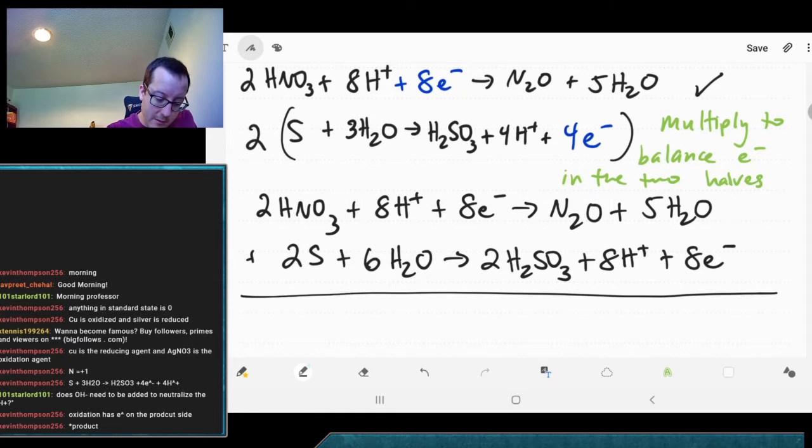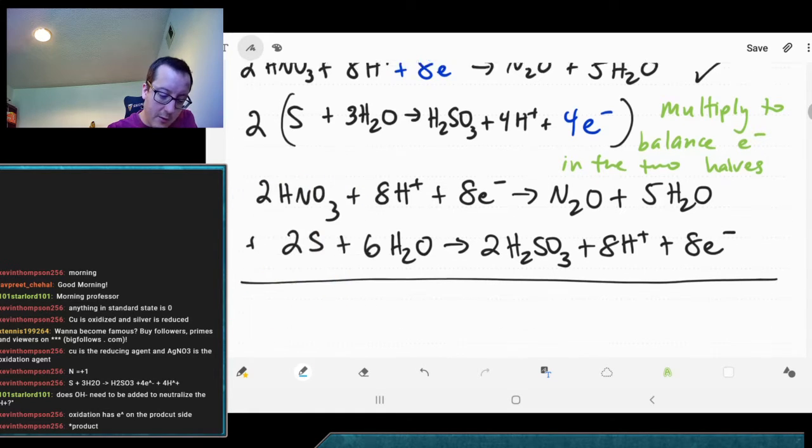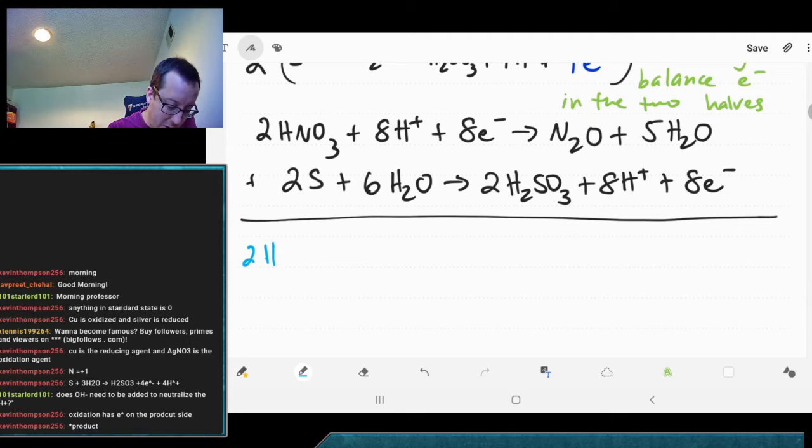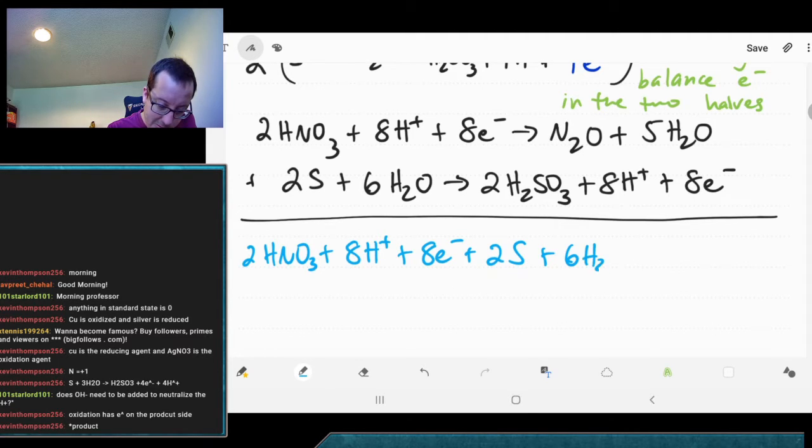If we do that, you get something crazy long, but let's just do it. 2 nitric acids plus 8 H+ plus 8 electrons plus 2 sulfurs plus 6 waters. Okay, well, we'll just write it this way.